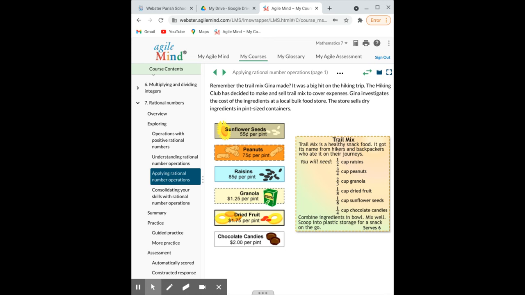All right. What's something that's sold by volume? Not real sure. So think about items that are liquids. Milk.